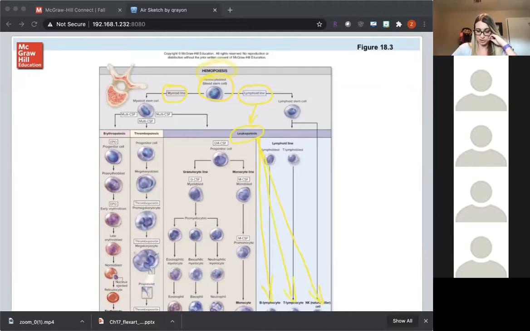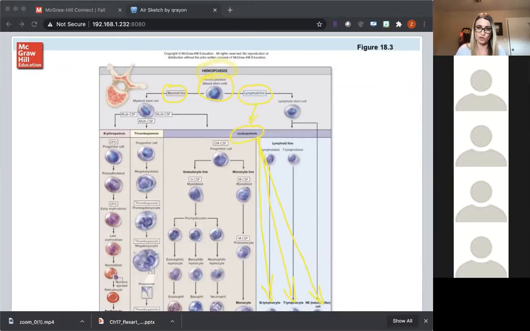So if I asked you what are the three types of lymphocytes? You would say B lymphocytes, T lymphocytes, and natural killer cells. Natural killer cells don't sound like lymphocytes, but they are, and all these three are from the leukopoiesis from lymphoid line.